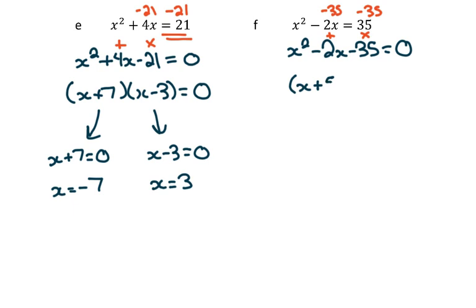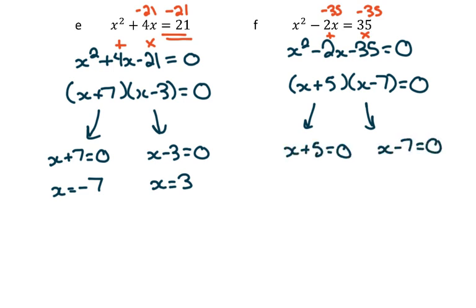That would be 5 and negative 7. Splitting, x plus 5 equals 0, x minus 7 equals 0. Leaves us with x equals negative 5 and x equals 7.